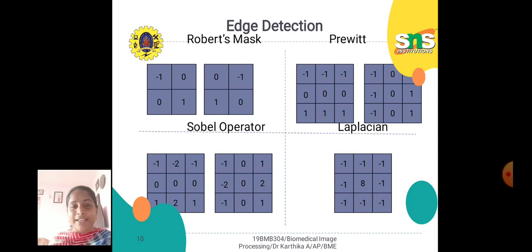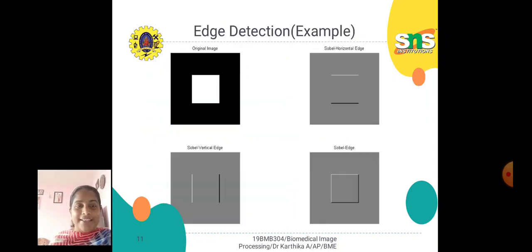We have so many edge detectors. See here the original image. First we detect the horizontal edge with the help of the Sobel mask, the Sobel operator, and then we do the analysis for the vertical edge. So we have both horizontal and vertical edges, and finally the Sobel edge is detected.